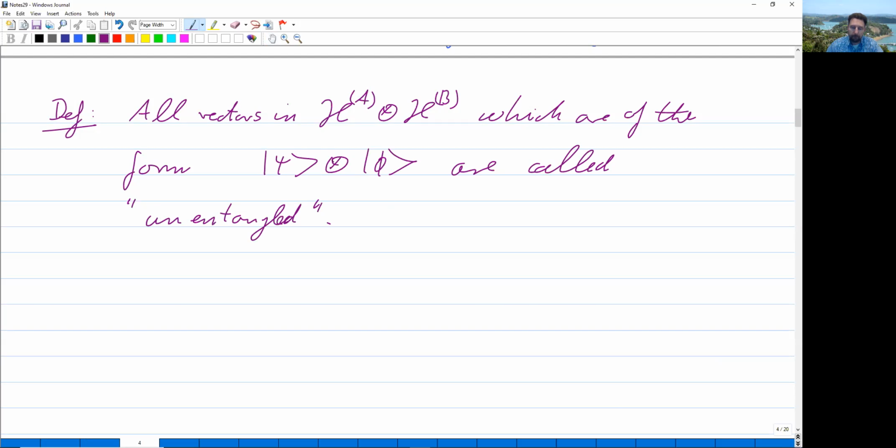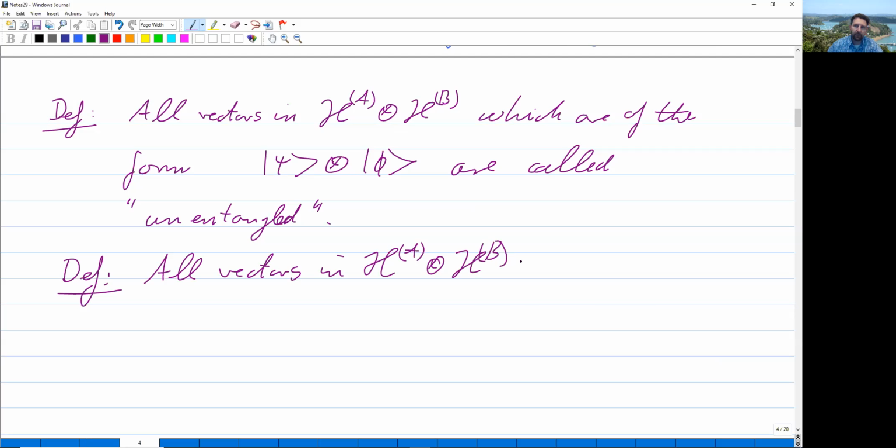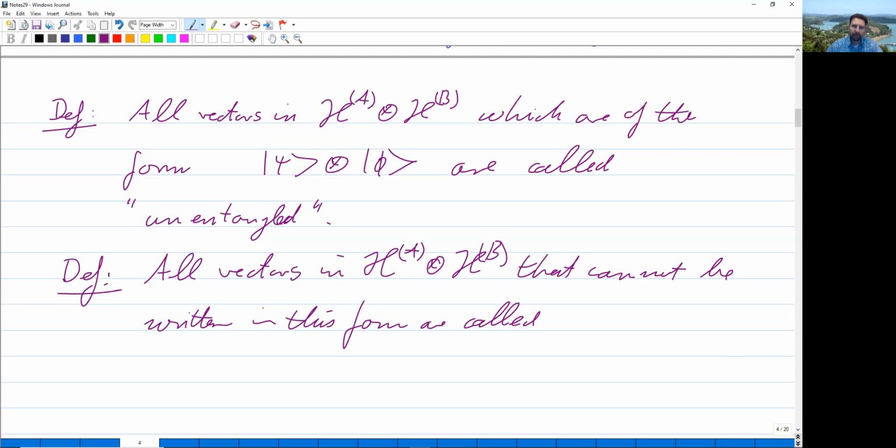All right. Then the definition is that all vectors in HA tensor HB that cannot be written in this form are called entangled.